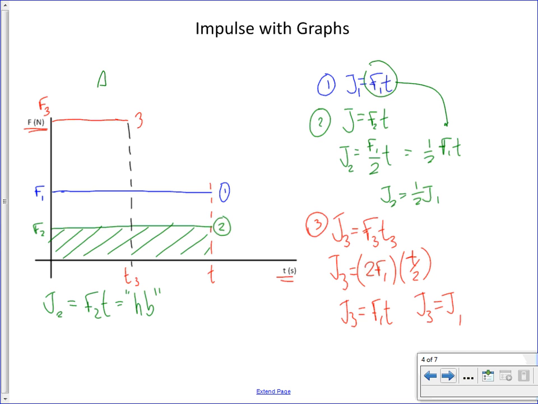So, big deal. For this kind of graph, impulse is area. Slope doesn't tell you anything because there's nothing that we do that's newtons per second. But Newton seconds, or F times t, oh yeah, that's impulse.